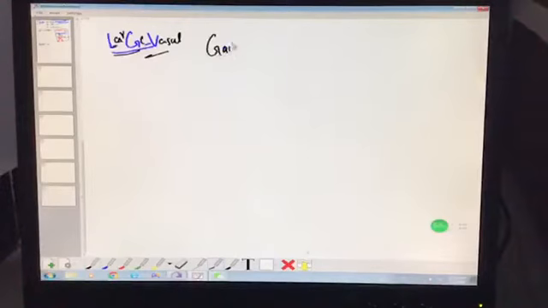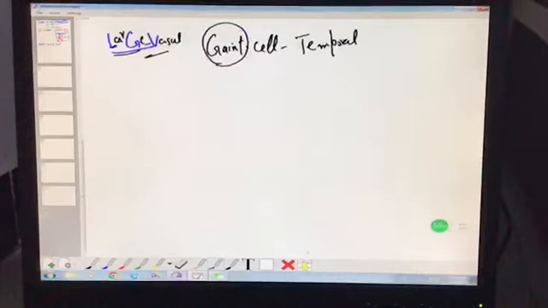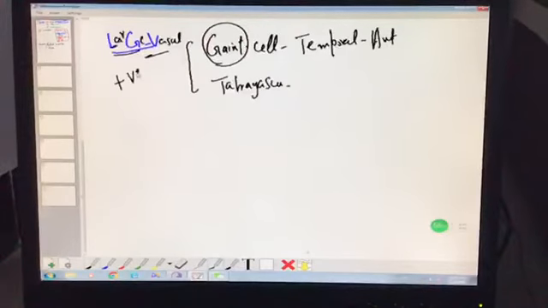One is giant cell temporal arteritis, in which we have giant cells, and the second one is Takayasu. In both arteritides granuloma is positive, so it's a granulomatous inflammation of the large vessel. And what type of large vessel?